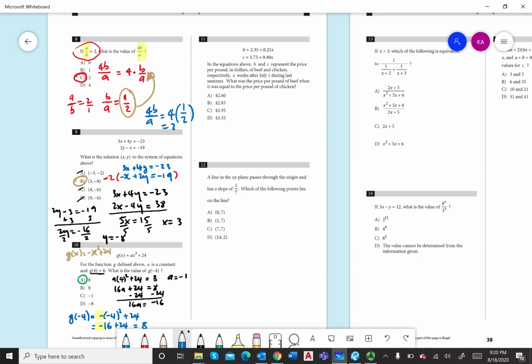So it's in terms of x, and x is the number of weeks after July 1st during last summer, so the price kind of goes up.